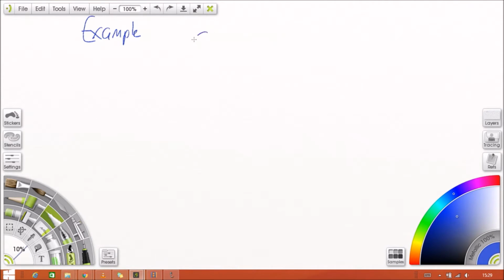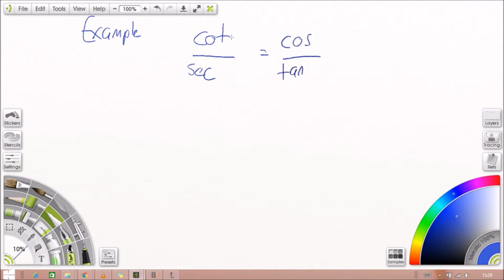Right. Here's another trick. This one's just a random trig identity, and I just made this question up. Now these two sides are equal, or at least that's my claim, and my job here is to prove this trig identity.